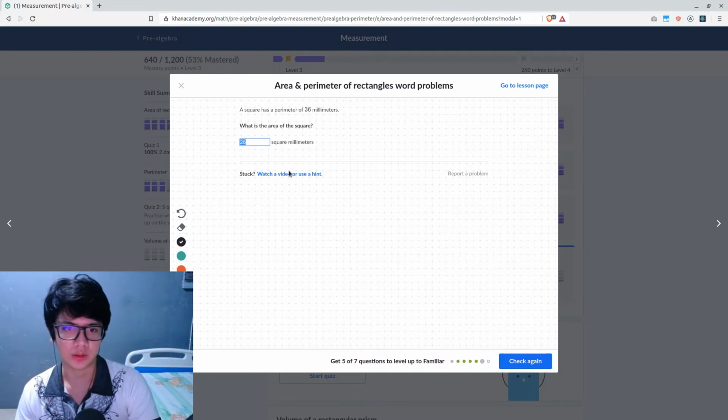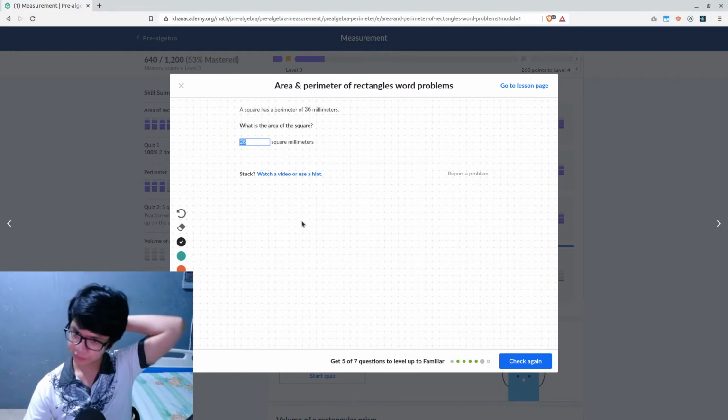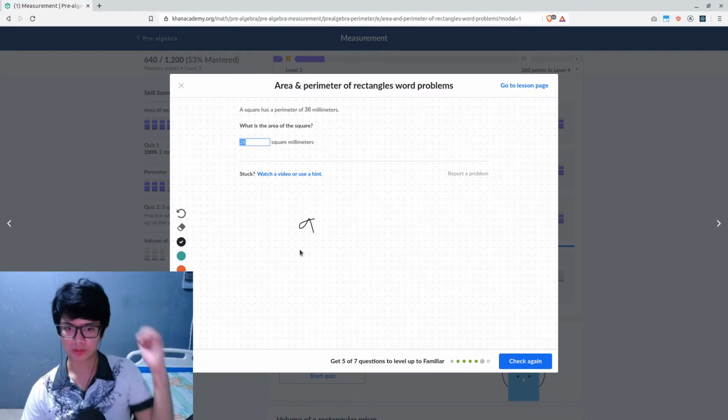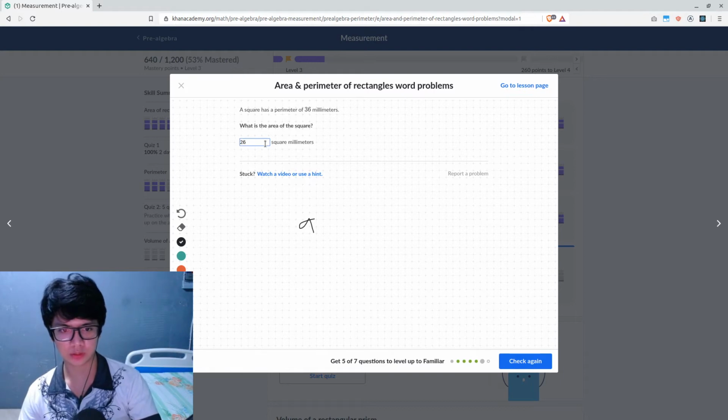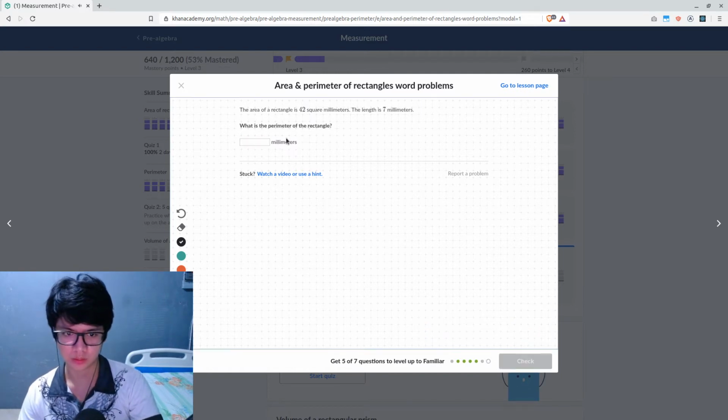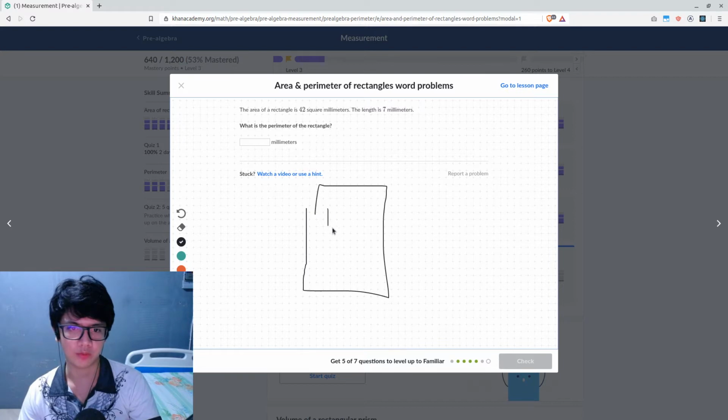I mean, the perimeter is 36. I mean, I could have like 9 by 4. Right, so it's 81. The area of a rectangle is 42. The length is okay. So we have 42 and 7.